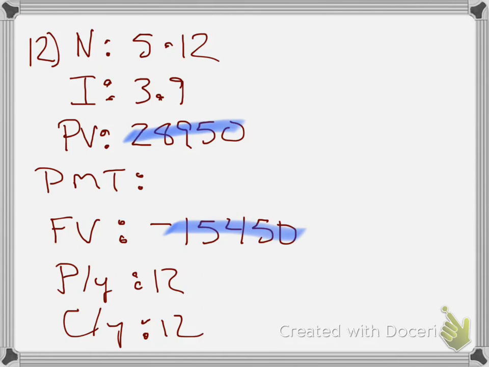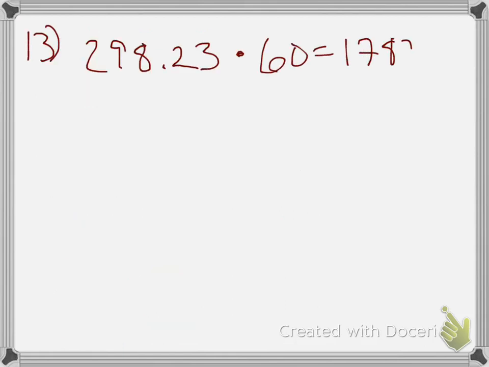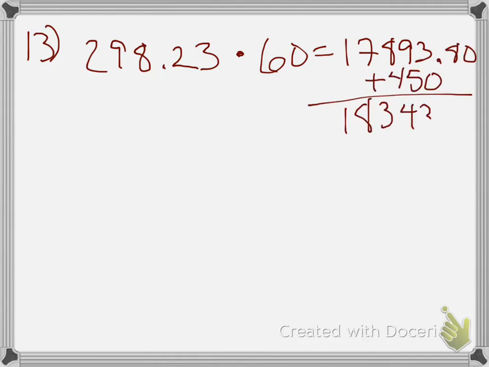Go through these steps, and when you do it, you would get an answer of $298.23. And then to find the cost of the lease, problem number 13, you take the payments, $298.23, times 5 times 12, which is 60, and then add in the walkaway fee, and you will get the total cost of the lease, which is $18,343.80. That's pretty much it in a nutshell.